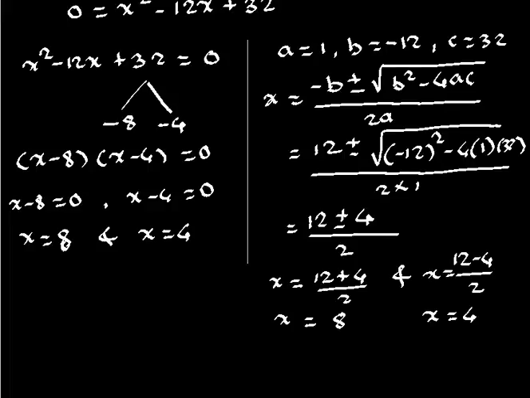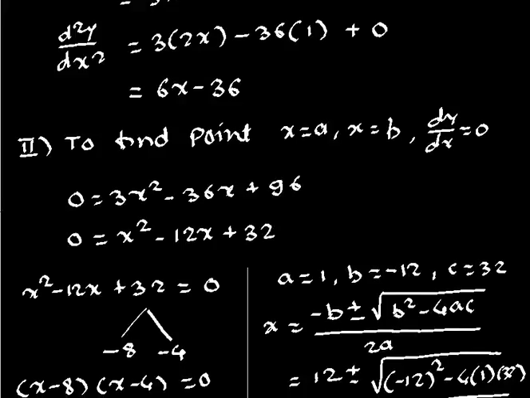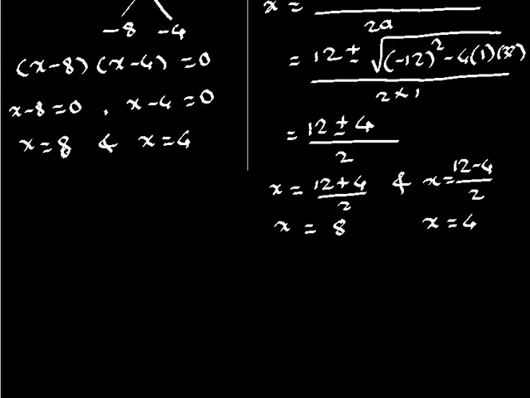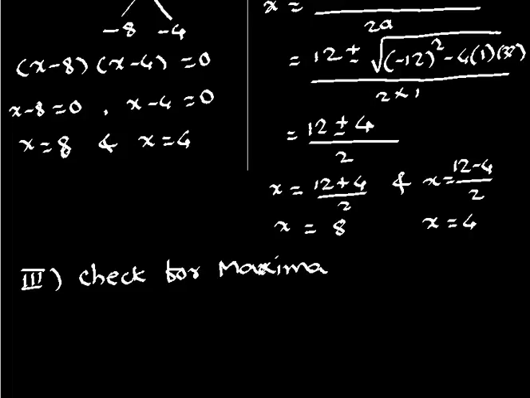So we have completed the second step to find the points, and the third step is to check for maxima. This is a very important step. Here we will check whether the function is maximum at x is equal to 8 or x is equal to 4. For this, we find d2y by dx square at any one value. Let me take x is equal to 8.